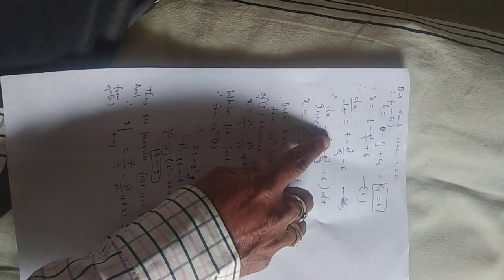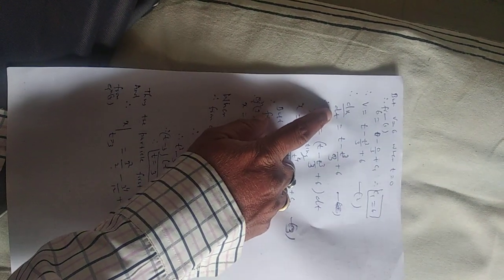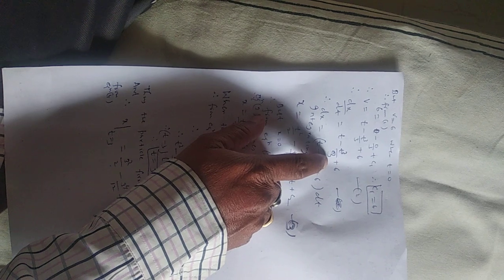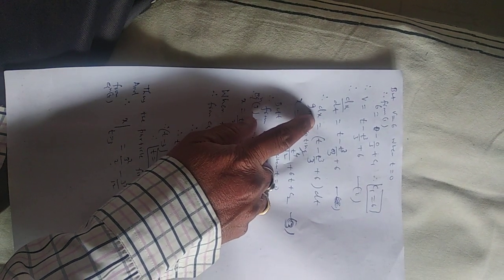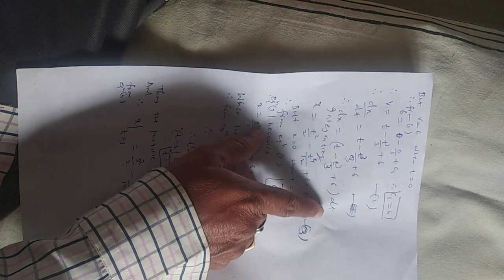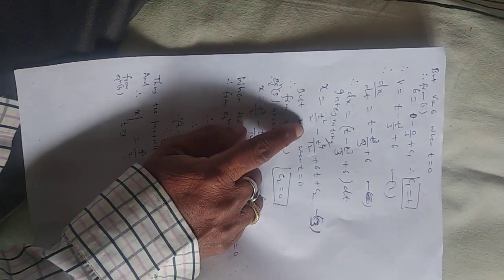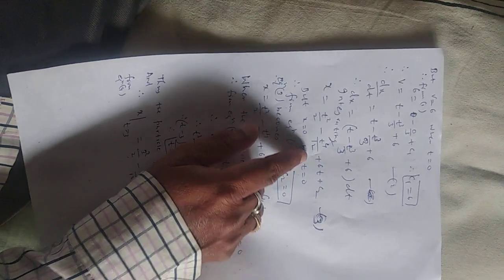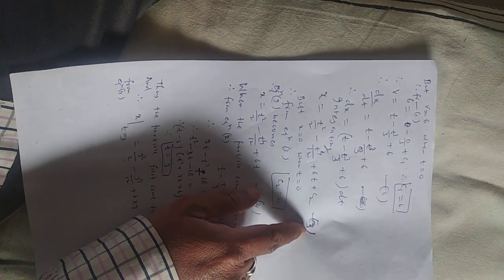But what is v? v is dx by dt. dx by dt is t minus t cube by 3 plus 6. Again separate the variables. dx is equal to t minus t cube by 3 plus 6 dt. Just integrate. x is equal to t square by 2 minus t raised to 4 by 12 plus 6t plus c2.